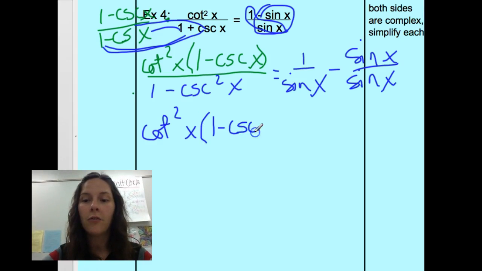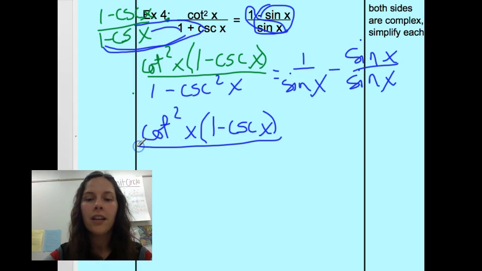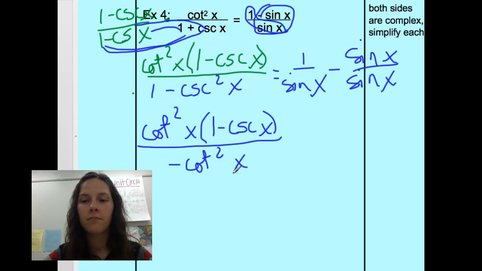So in the numerator, I have positive cotangent squared, and in the denominator, I have negative cotangent squared. Over on the right-hand side, the reciprocal of sine is cosecant, and sine over sine is 1. So now the right-hand side is as simplified as it's going to be. I'm going to throw that c in there for cosecant.